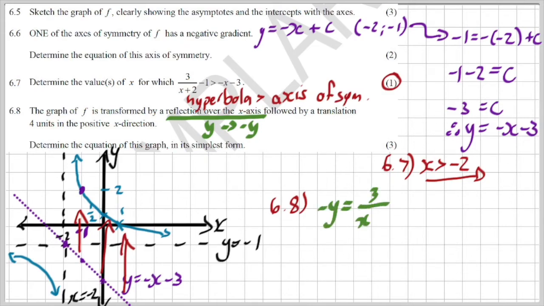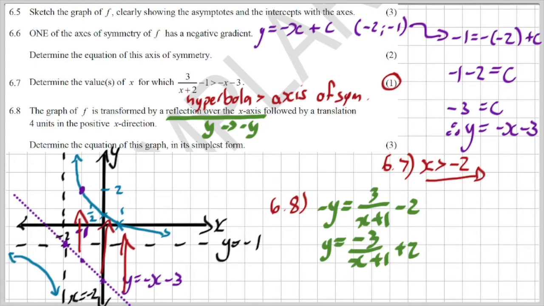Which means in my equation, I now have negative y equal to 3 over x plus 1 minus 2. So I'm first going to get the y alone. So I'm dividing or multiplying through by a negative. And this leads me towards y equal to negative 3 over x plus 1 plus 2.